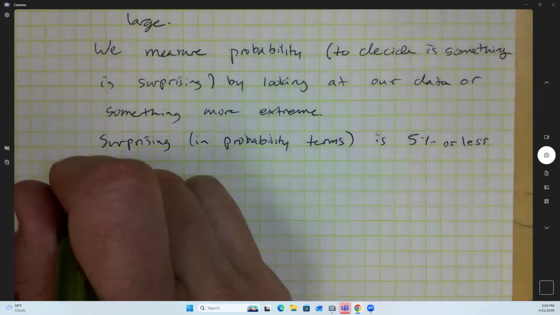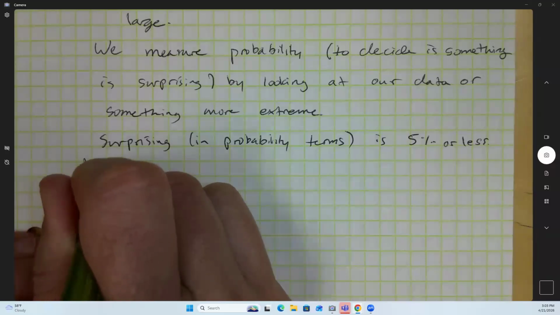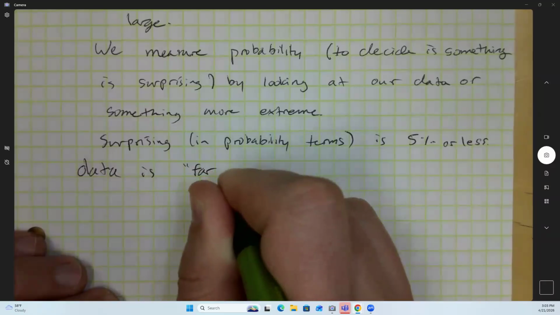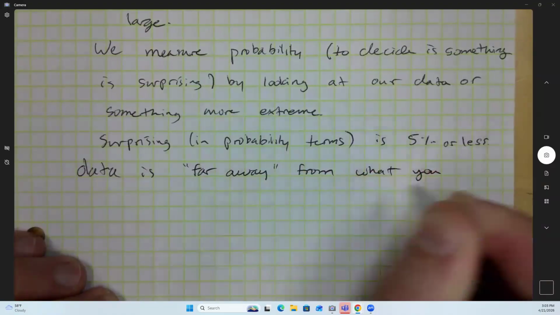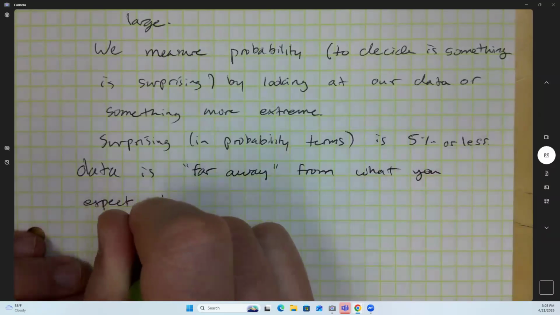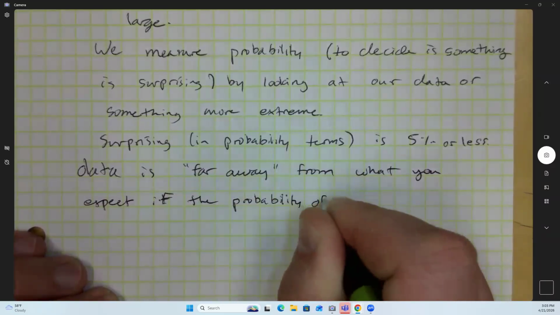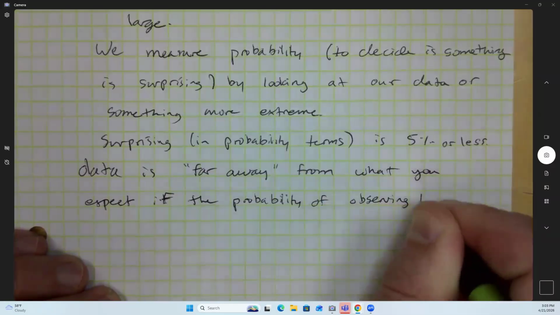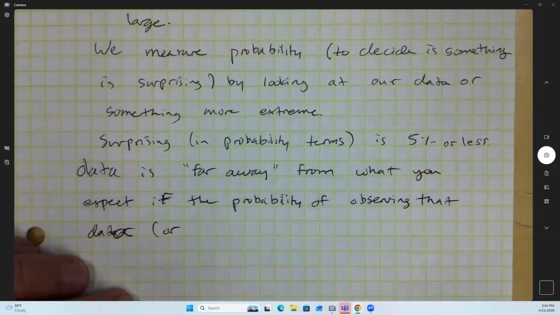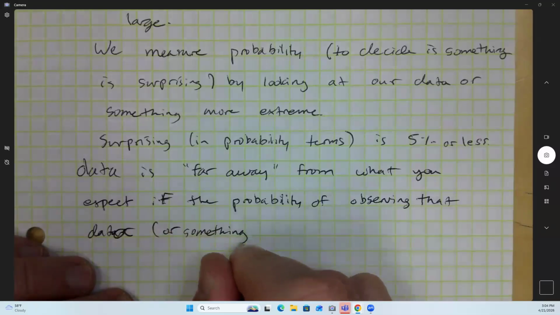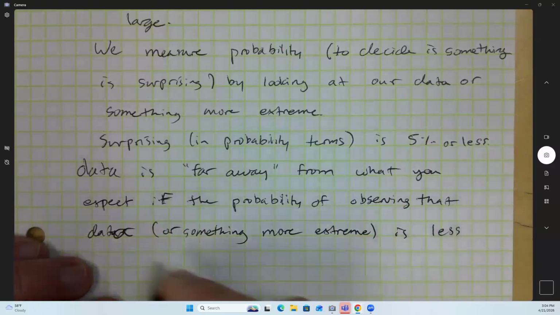I'm going to write it down. Let's see. Data is far away from what you expect if the probability of observing that data or something more extreme is less than 5%.